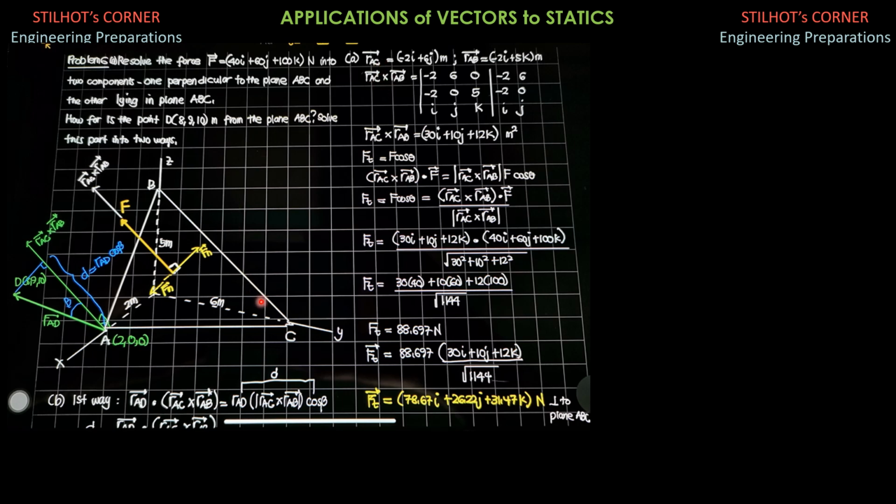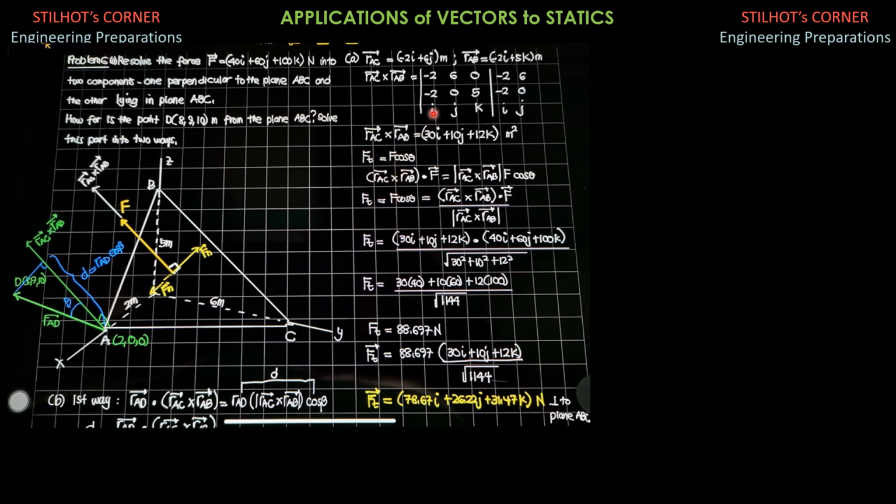In your part, as I said, you can have RBA cross RBC. You can also have RCB cross RCA if you want. I want you to solve that way and compare the results.